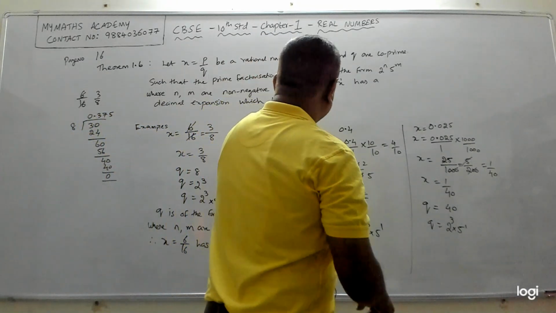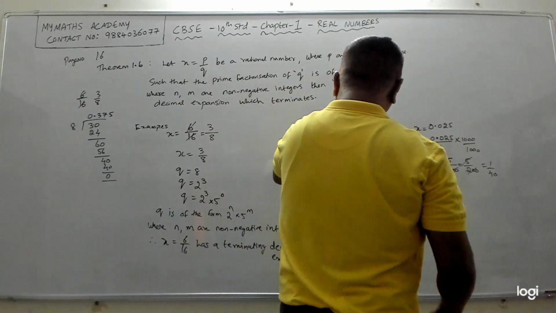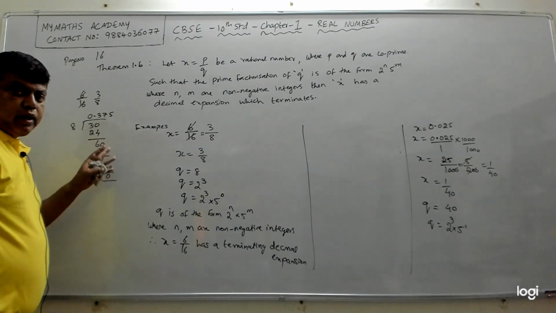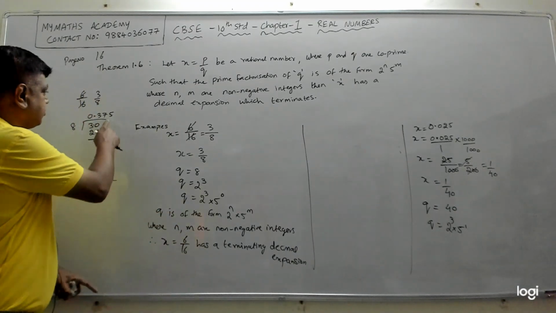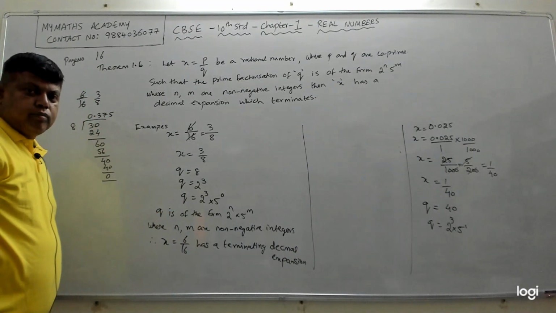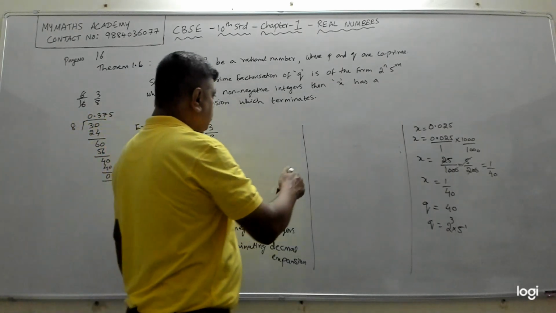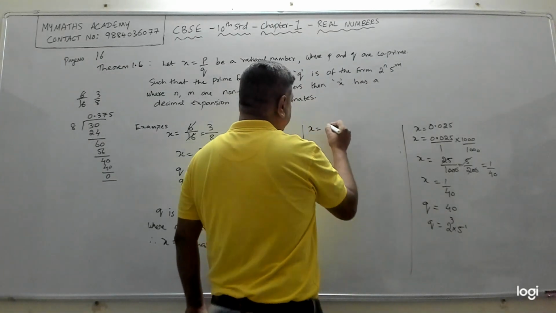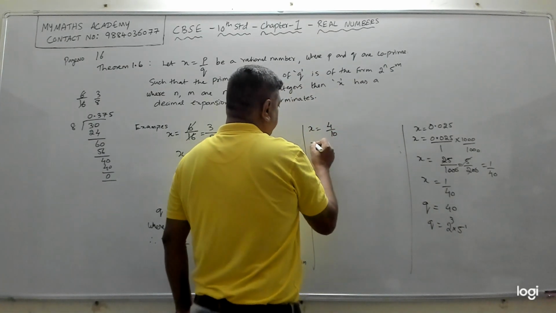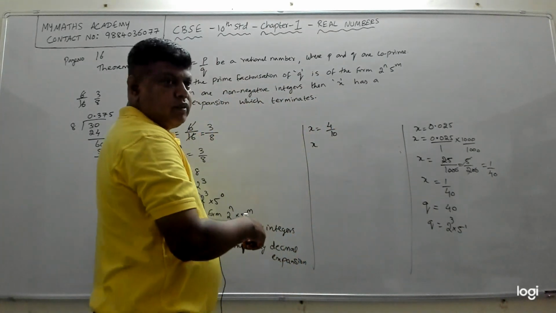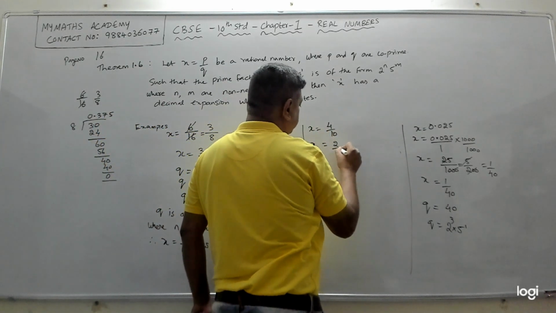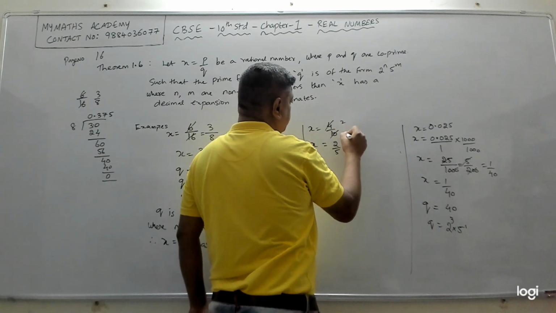We'll take one more example. We need not divide; here I divided just to show you that yes, it is stopping. Now the next example: suppose x is equal to 4 by 10. We have to first simplify; we cannot take it as p by q directly. If I simplify this, I get 2 by 5. 2 2s are 4, 2 5s are 10, so 2 by 5.